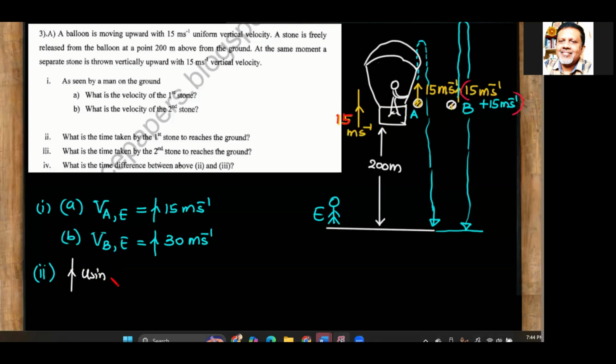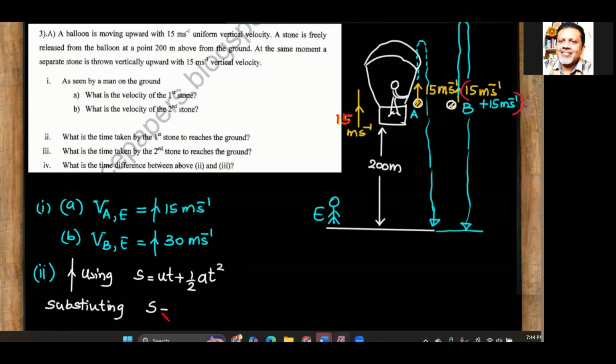Using the equation S equals ut plus half at squared, directly we can find the time it takes. However, we have to carefully substitute the values. So these are the values substituting.